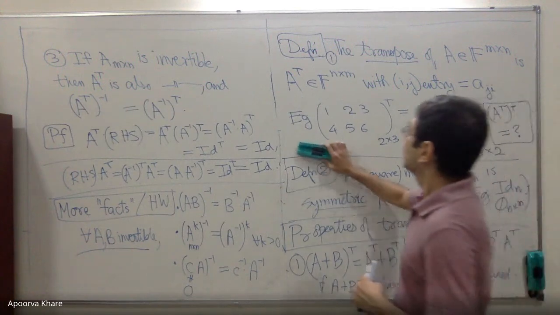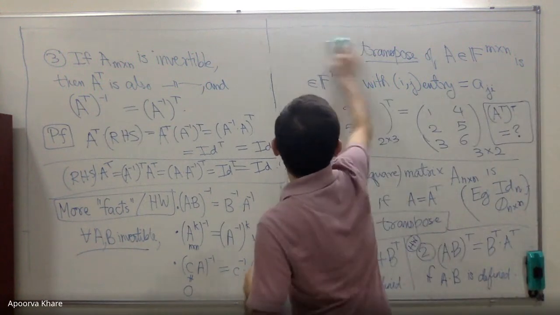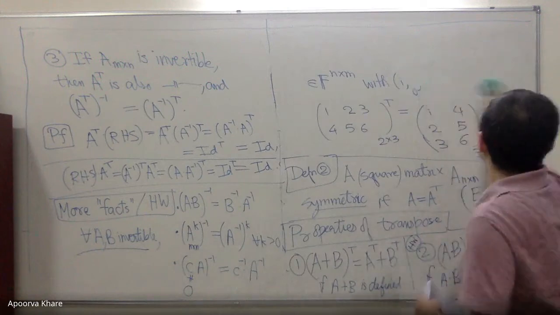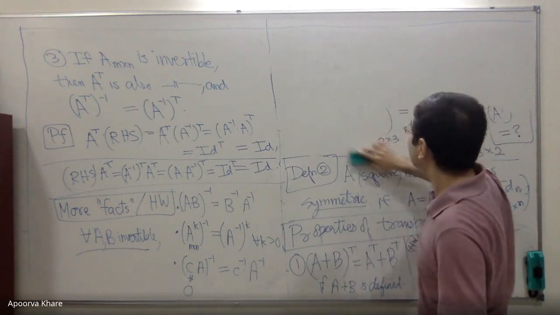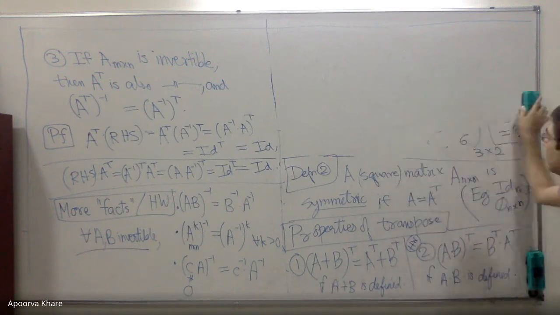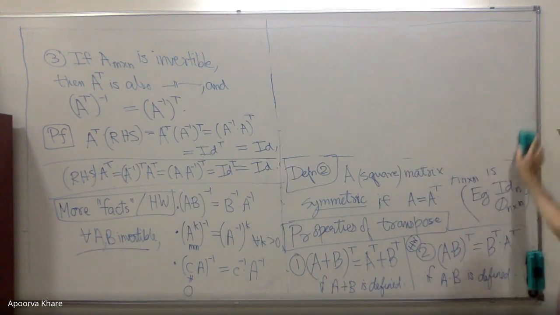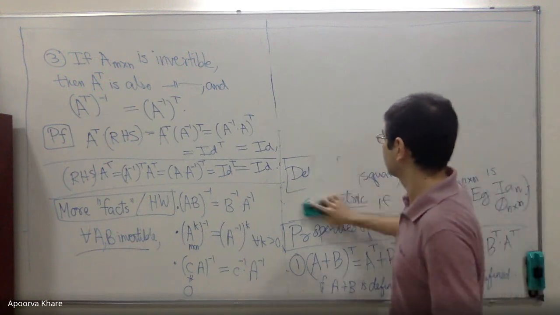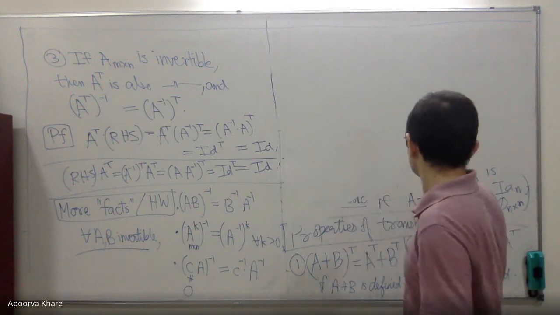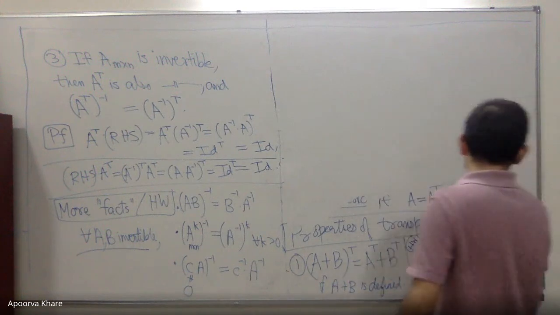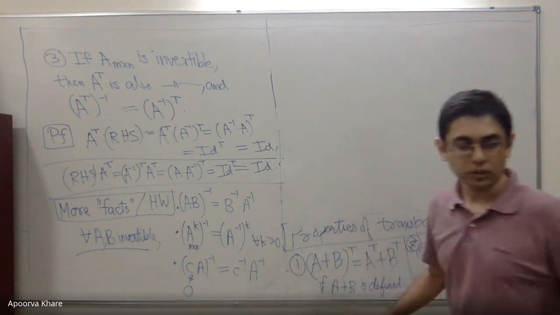Fine. Now I want to tell you something that is sort of generalizing this idea of matrix multiplication. It's an informal approach. It can certainly be made fully rigorous, but I will not actually do so. Let me tell you what it is.